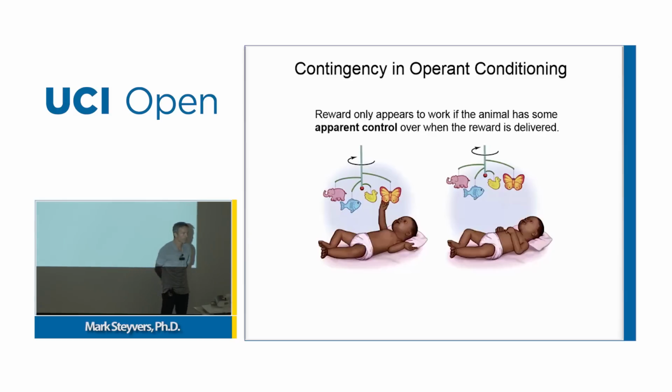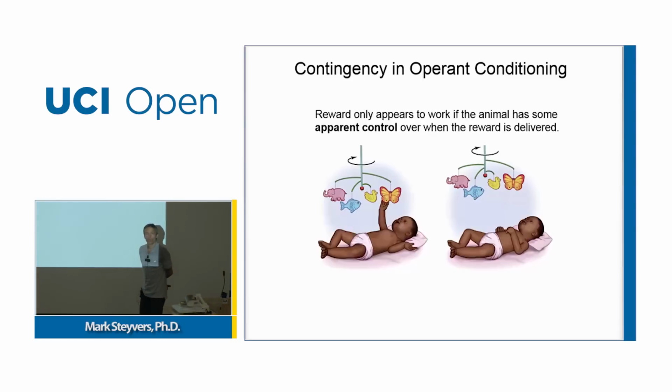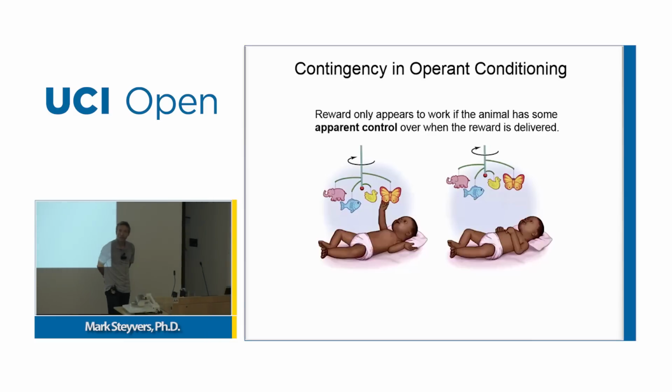It's very important in operant conditioning. It's not so important how often reward arrives. What is important is whether there's some relationship between your actions and the rewards. If rewards arrive no matter what you do, you won't learn because there's no contingency.